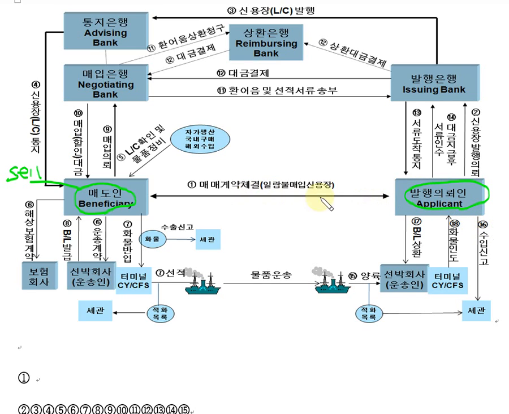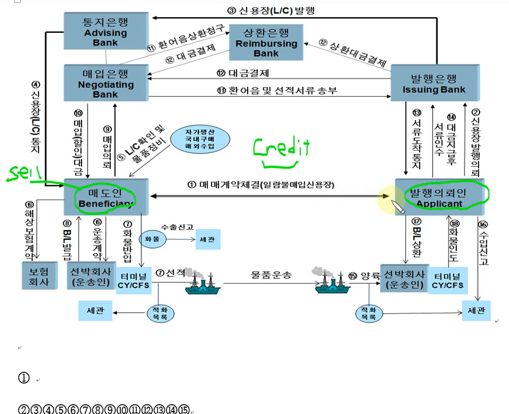But between them, we have no credit because they have no relationship. So the credit is a critical factor to make these two parties complete the contract and trading, even though they are completely unknown people.